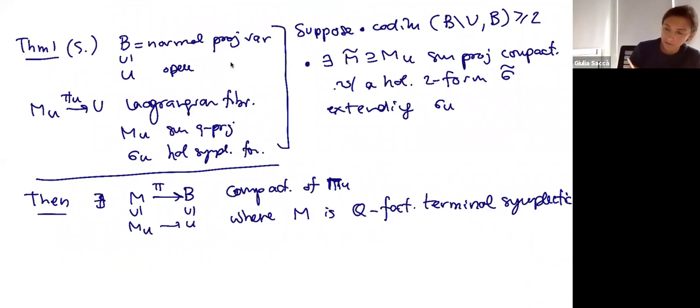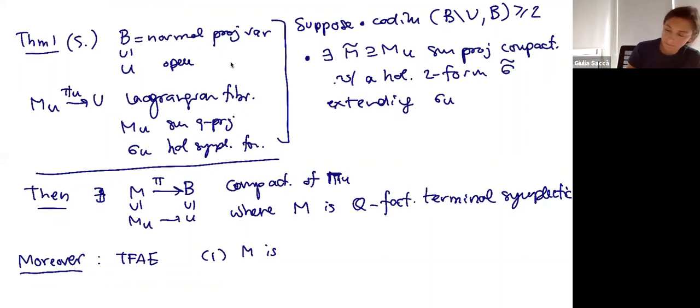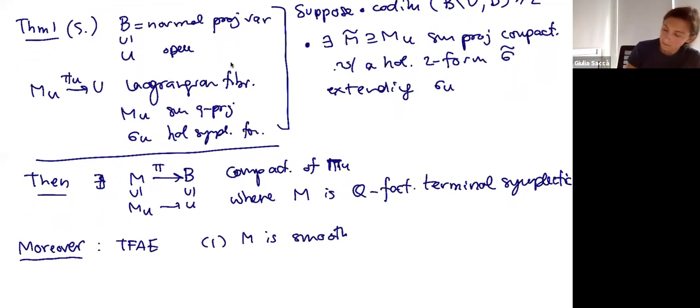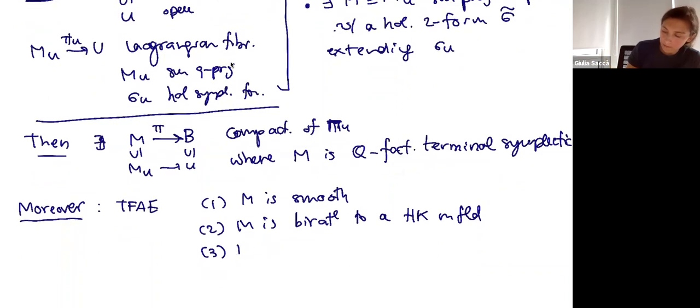And moreover, the following are equivalent. One, M is smooth. Two, M is birational to a hyperkähler manifold. And three, M is smoothable by a flat deformation.